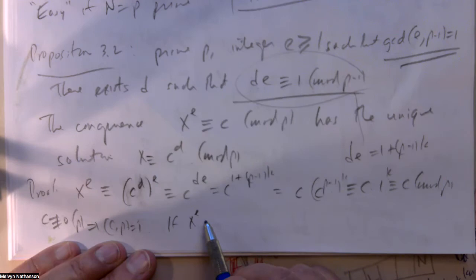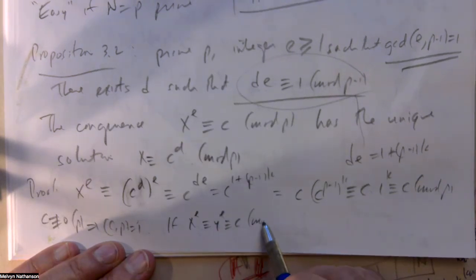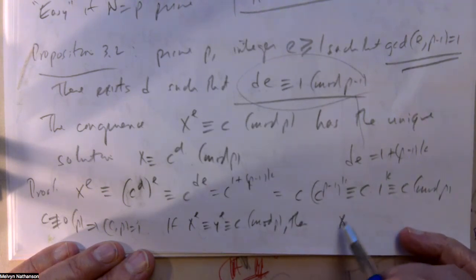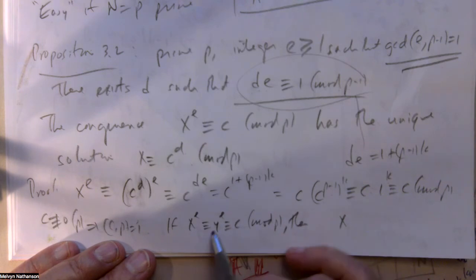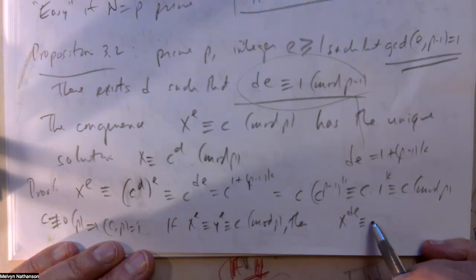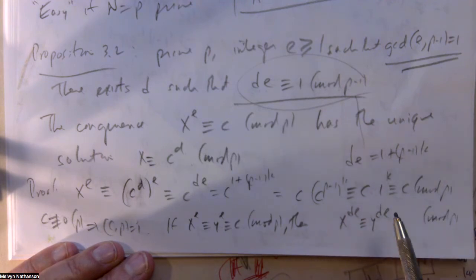If x to the e and y to the e are both congruent to c mod p, then if I raise things to powers, the congruence is preserved. x to the de is congruent to y to the de mod p.